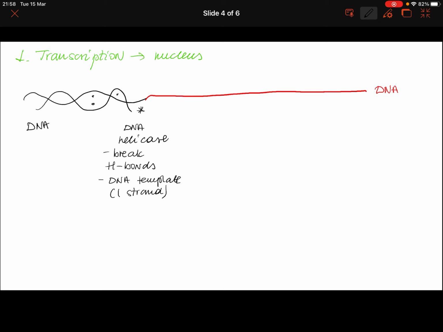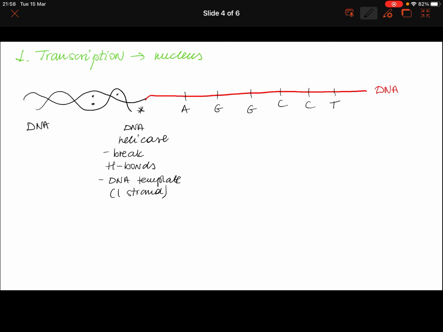Okay, so what I'm going to do now is write just some bases on the DNA sequence. So far we've used DNA helicase, which breaks hydrogen bonds and allows the formation of the DNA template.